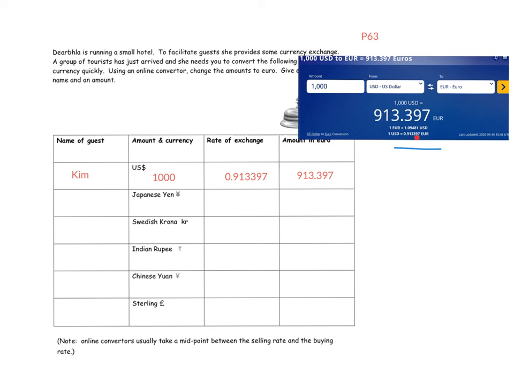Okay, don't forget to take it into your table, and then it's done for you. So put the answer in the last column. This website is very useful anytime you go abroad and you want to convert your money.